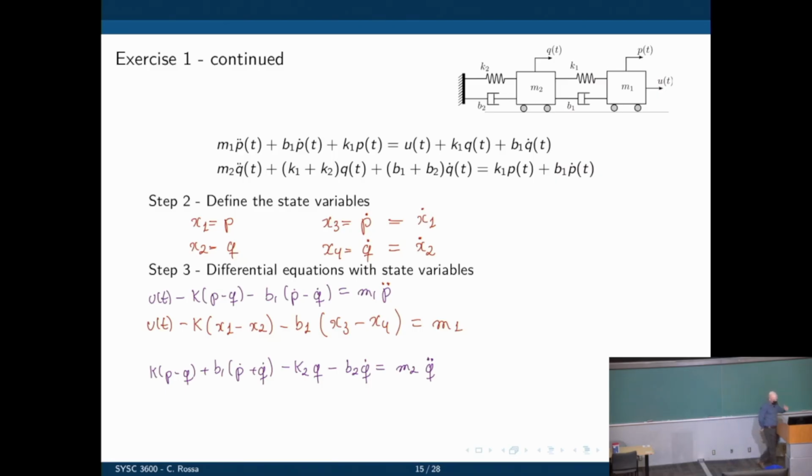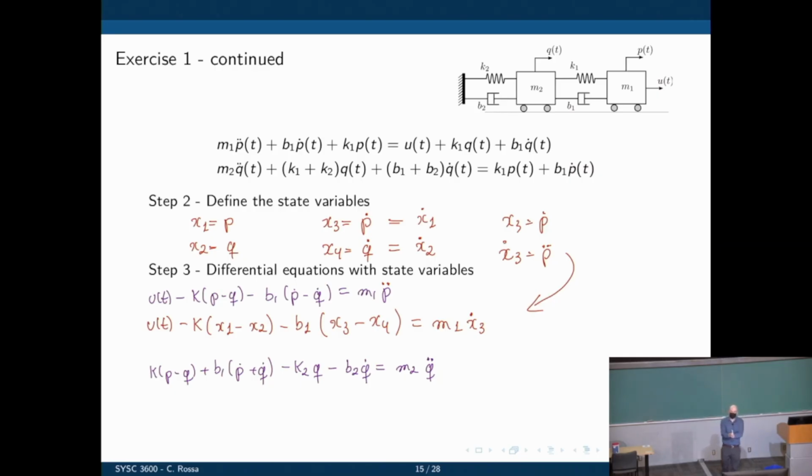So always the highest derivative. So m1 times p double dot, which is the same as x3 dot. If x3 equals p dot, take the derivative of x3, that's p double dot. Aha. That's another equation we are looking for.